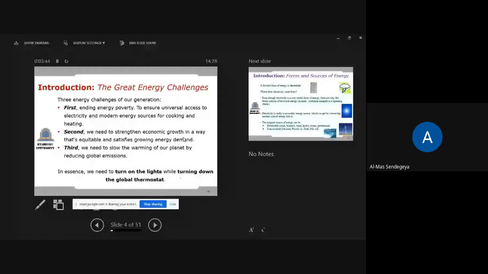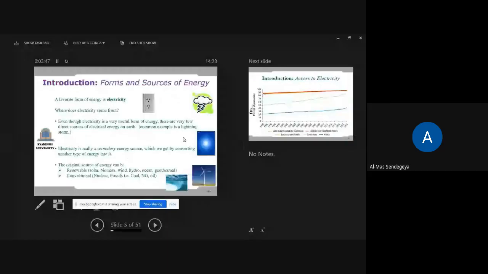The most common form of energy we need is electricity. But when we look at electricity from our history, everybody knows that initially we used to get it from lightning. But for us now, when Faraday did his great work, we can get it through electromagnetic induction.